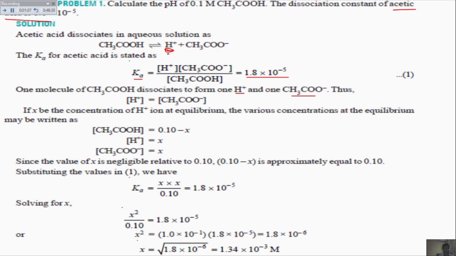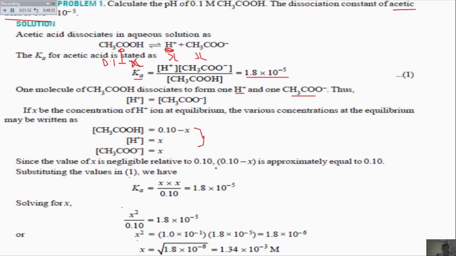This one will have become X, this one will have become X, while this one will have become 0.1 minus X. It means X will have been taken away from 0.1, and this is what we have here.